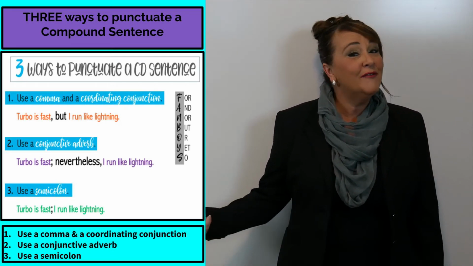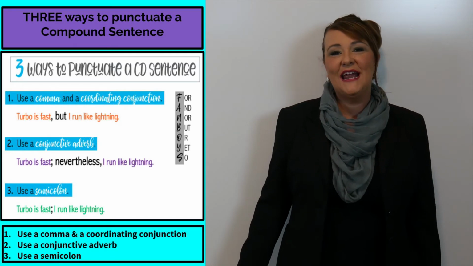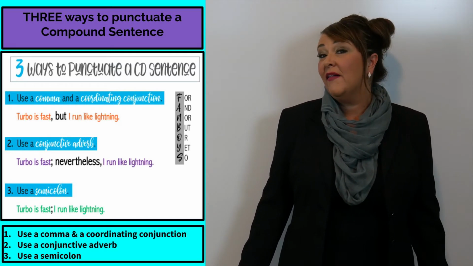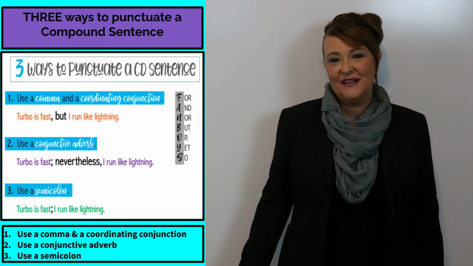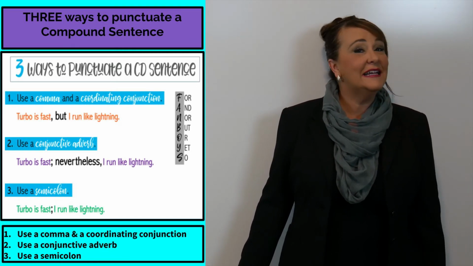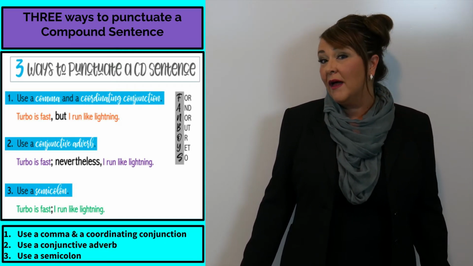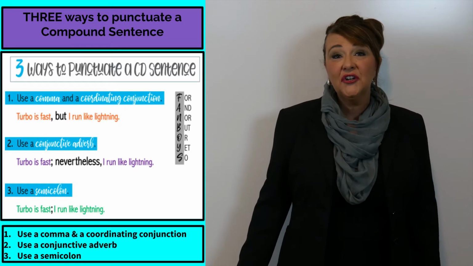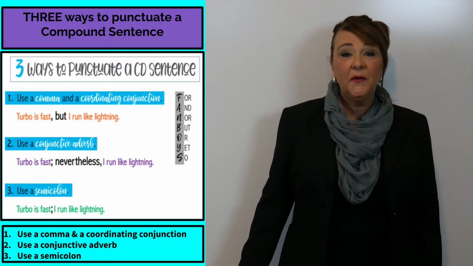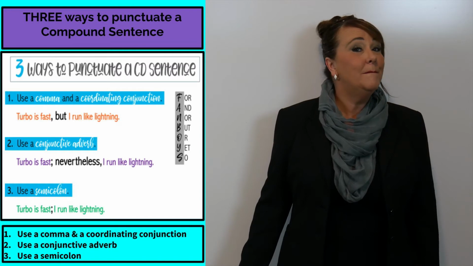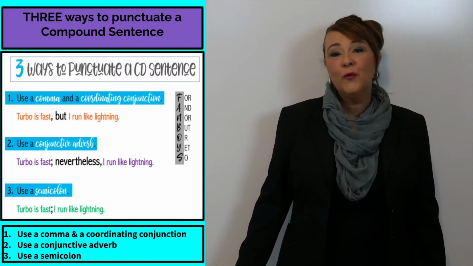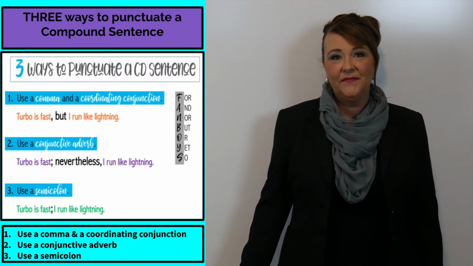Here you will have a review of those coordinating conjunctions. We'll spell out the word FANBOYS. Let's look at my example of using the comma and the coordinating conjunction. "Turbo is fast, but I run like lightning."